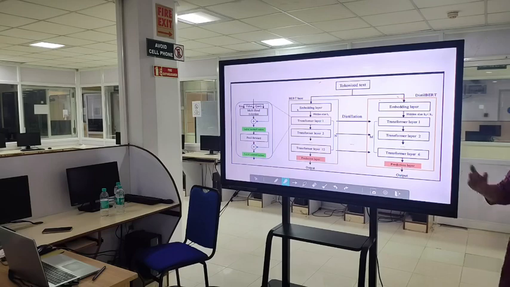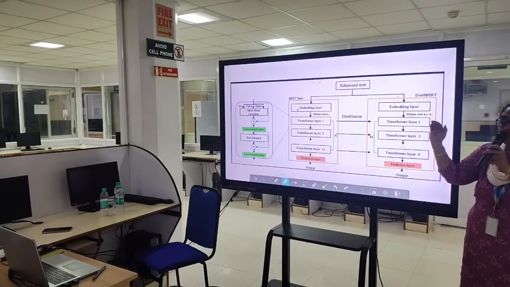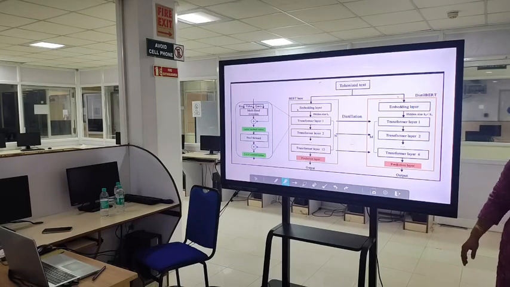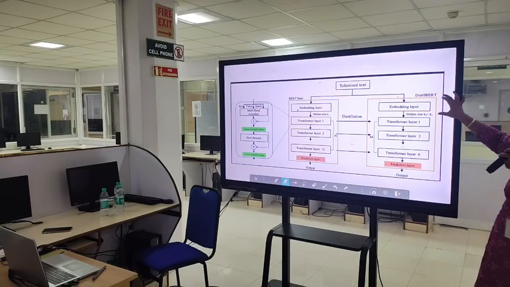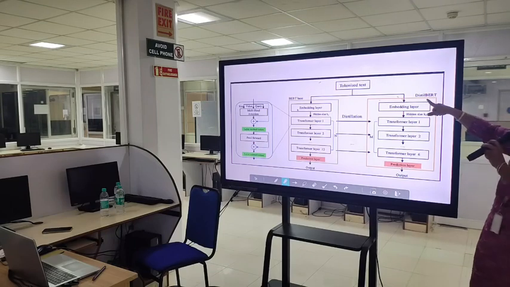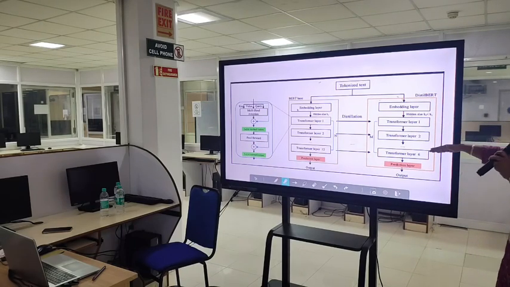It will occupy only 10% of the space, and it is 40% more efficient than the normal one. The difference lies in the reduction of the number of transformer layers in DistilBERT. You are having filters, which is called distillation, in order to reduce the transformer layers.